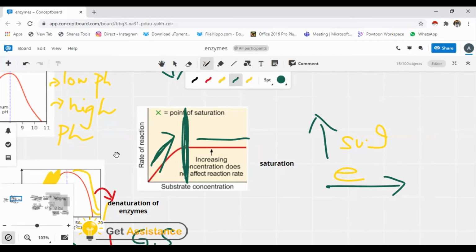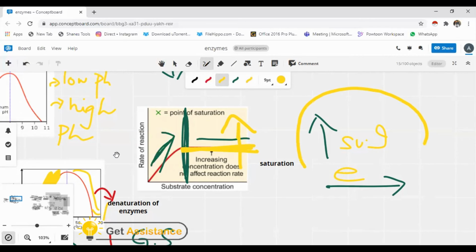Considering the example, we have seen people who are obese, who are fat. Why? Because they are eating so much that all their active sites are covered, and there is a huge amount of food present inside their body which is totally unbroken. They have the biggest particles inside their body, due to which they are obese. As I'm telling you again and again, if the substrate concentration keeps increasing, it will become constant, because no enzyme active site is available.